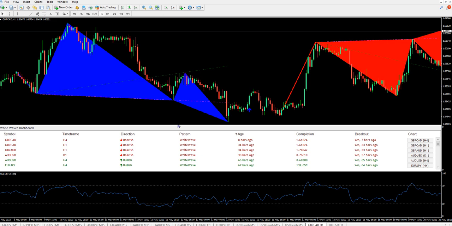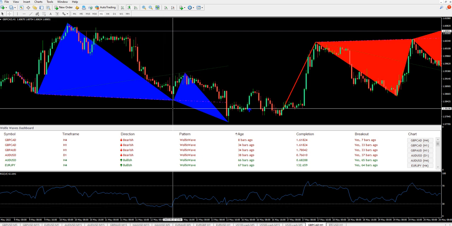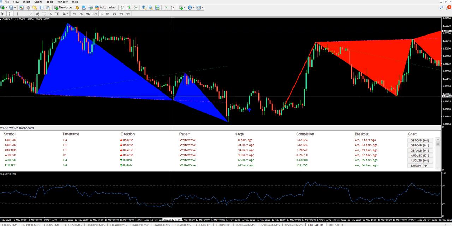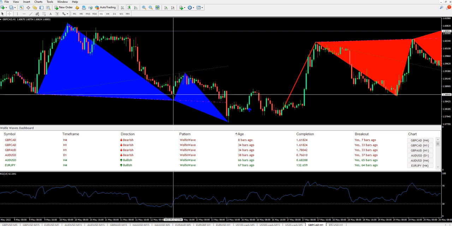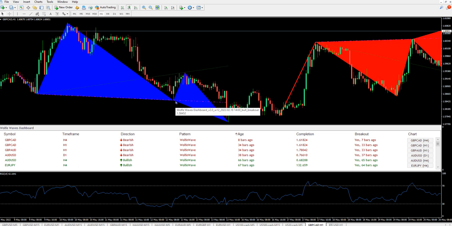So we can see here we have some divergence from this area to down here. Obviously the Wolfe Wave itself will help, and it will be a great visual to spot divergence from important and significant lows and highs, right?